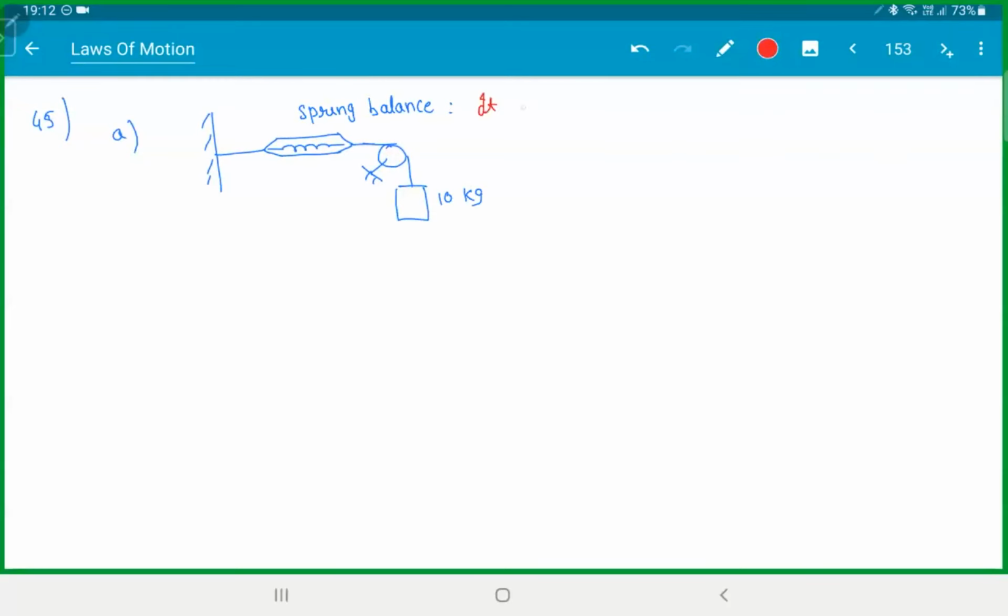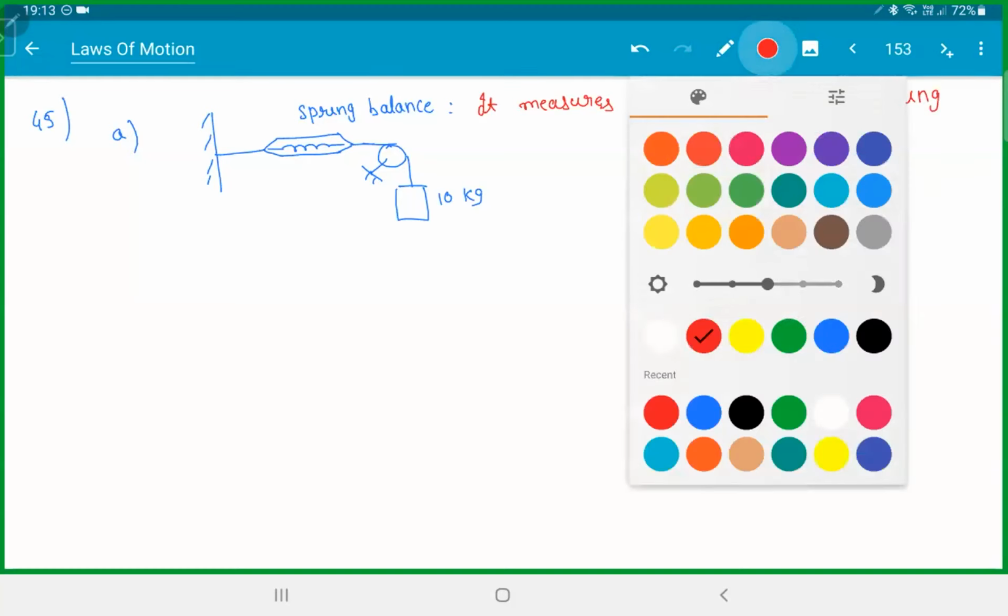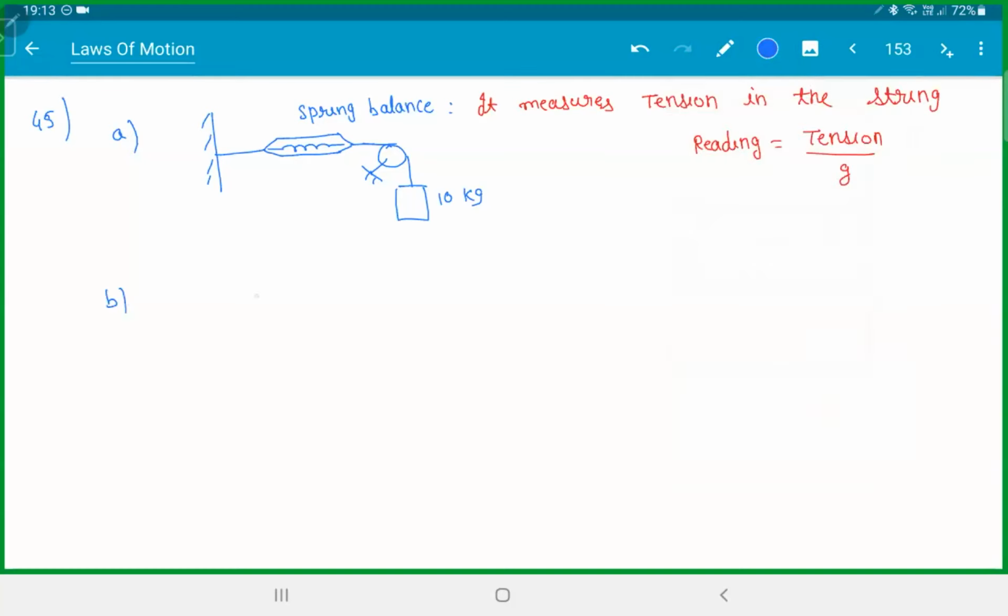It measures tension in the spring, but it shows tension by g. So you can just remove the spring balance, put a rope and find the tension, and it shows the reading tension by g. Just like the weighing machine measures normal reaction and shows normal reaction by g. Getting it? Spring balances don't measure mass directly. They measure tension in the spring. Find the reading of the spring balance.